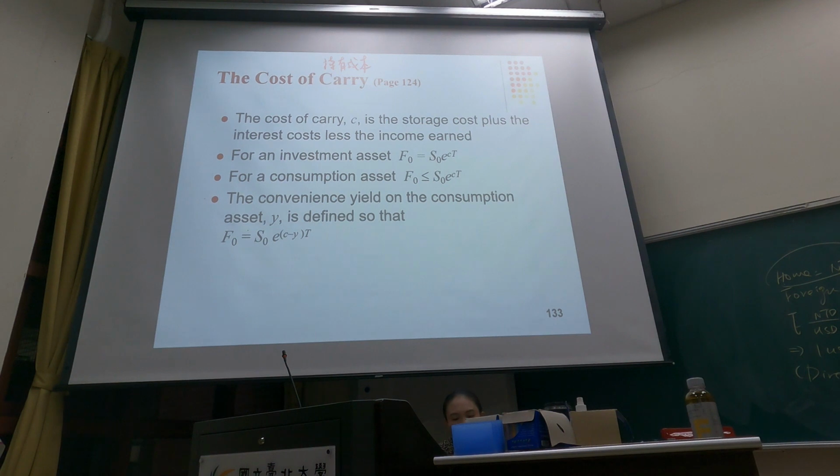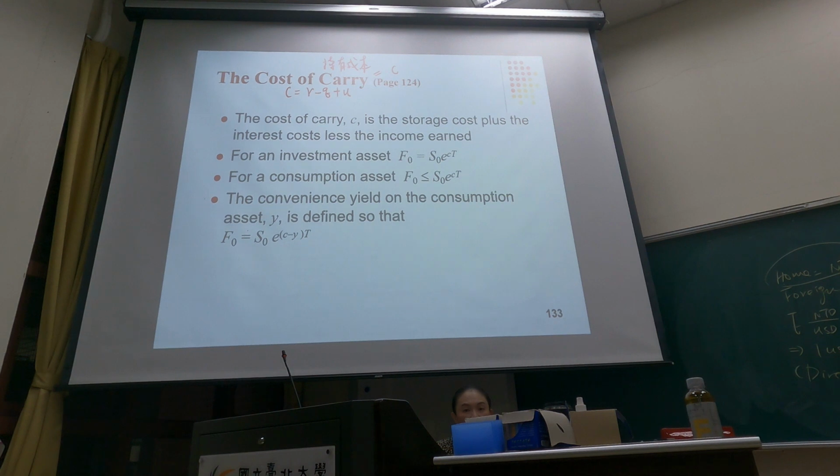If you want to summarize, when you hold a spot position, you can have some income and it will also incur some cost. So the overall cost of carry is given the symbol C. C equals your risk-free rate R, minus, if there's any income, q, plus, if there's any storage cost, u.